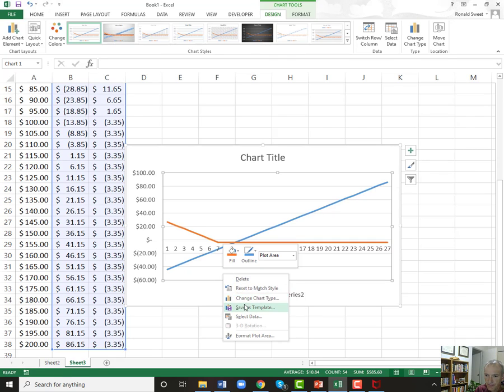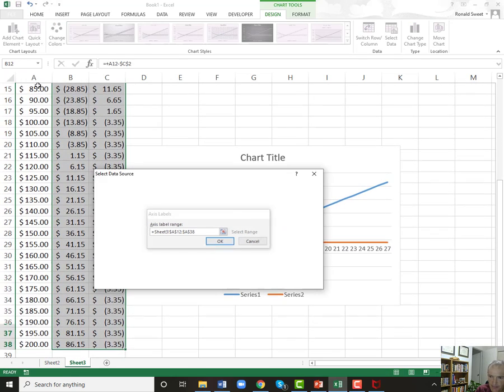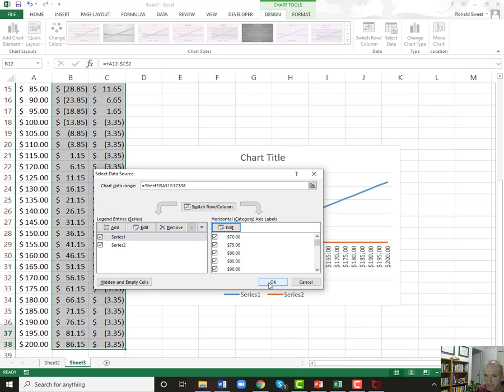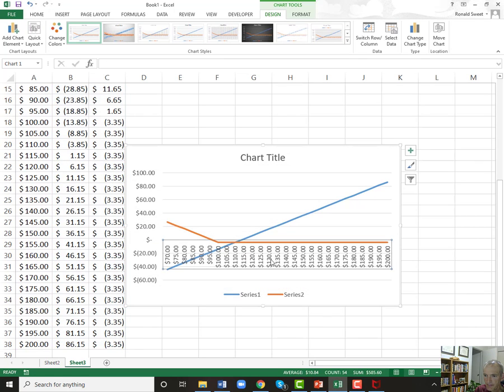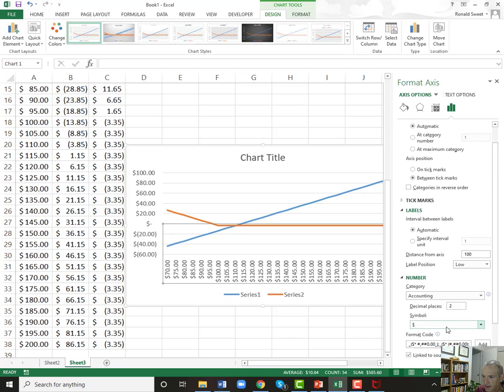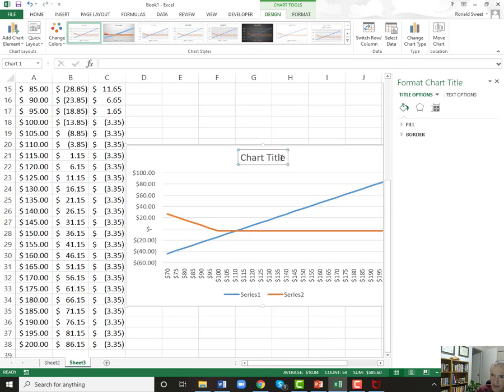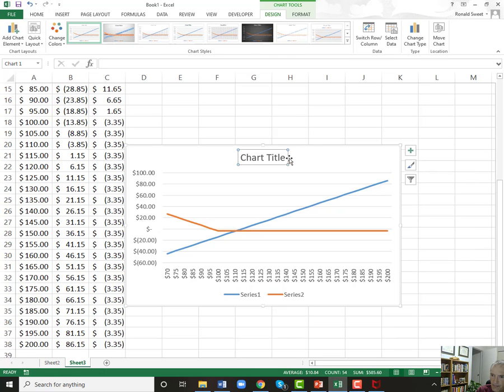So let's put some labels in here. We'll put the stock price in there. Let me just clean this up a little bit. So we want our labels low. I wish Bill Gates would make that the default. And then our numbers, we don't really need 2 decimal places on this. So this is an Apple put option.